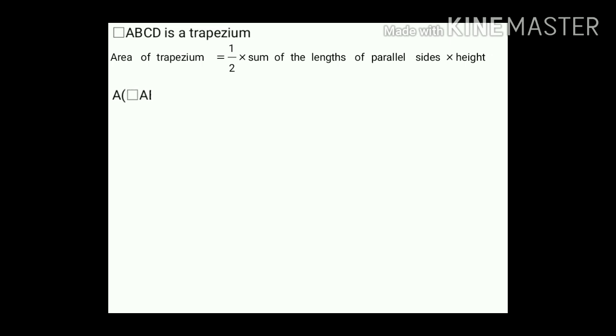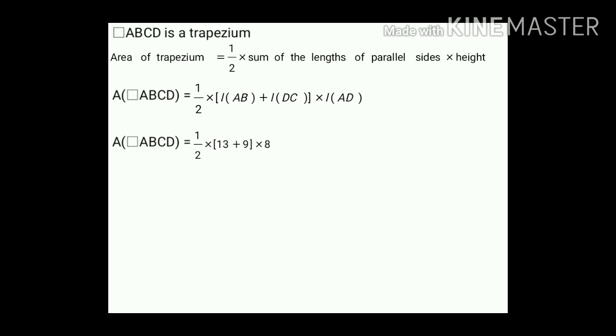Area of quadrilateral ABCD equals half into length AB plus length DC into length AD. Area of quadrilateral ABCD equals half into 13 plus 9 into 8.